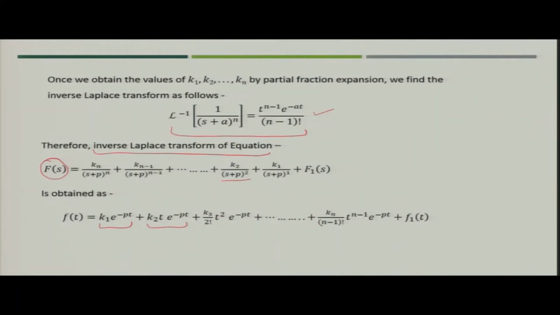For the nth term you will write K_n upon (n minus 1) factorial into t to the power n minus 1 e to the power minus pt, plus f1(t), that is the inverse Laplace transform of the remainder of the function, F1(s). In this way you can find the inverse Laplace transform f(t).